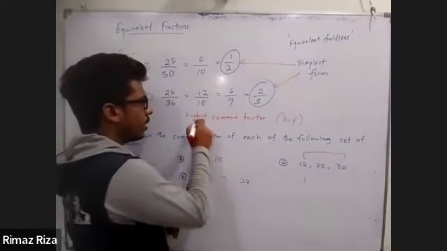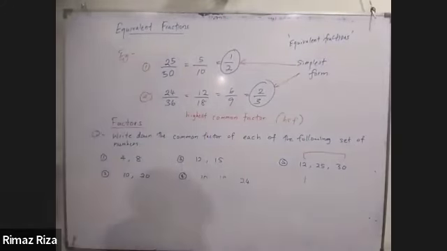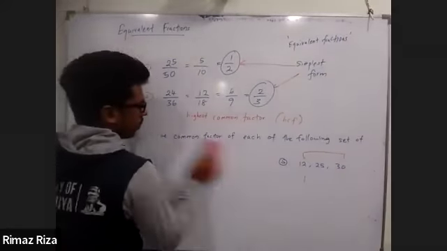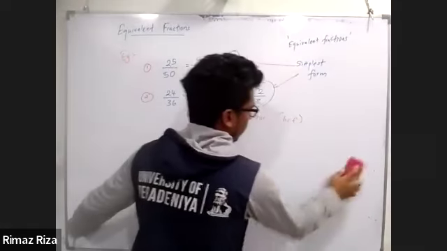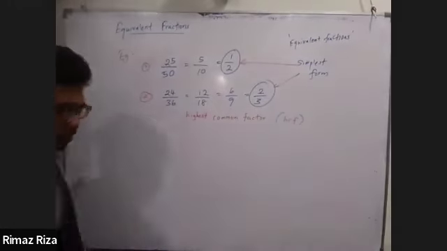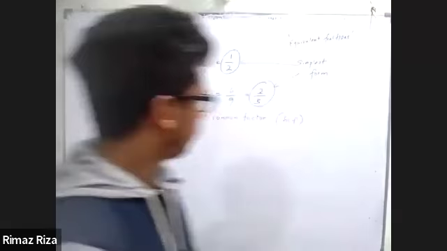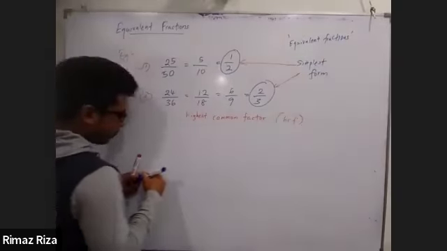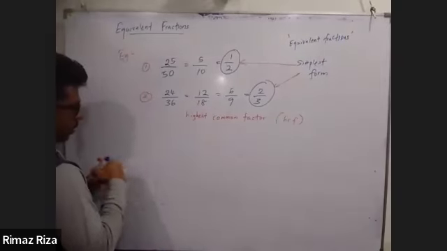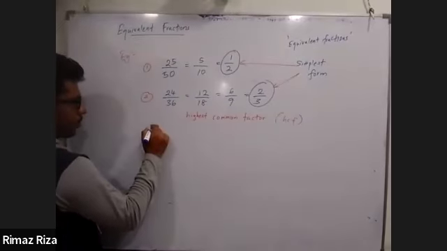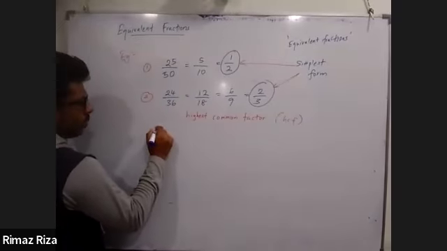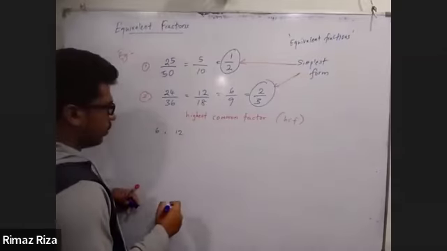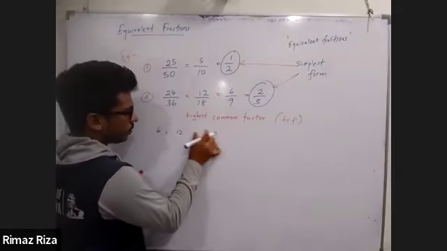Now write the topic: highest common factor. For example, if I take 6 and 12, first example, what are the common factors?